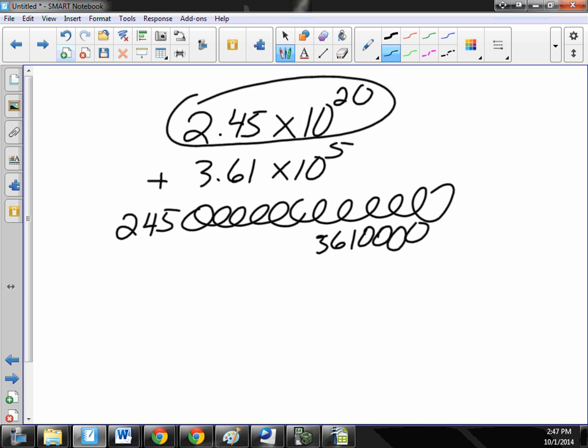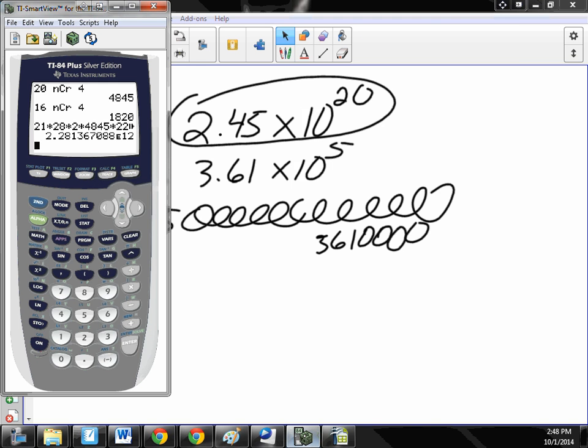So really, there's no point in adding these because the difference between the number of zeros is so large, we don't even care. So for instance, if we did 2.45 times 10 to the 20th, and we added that to 3.61 times 10 to the 5th, the calculator's just going to say, guess what?